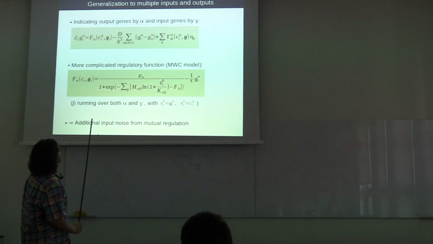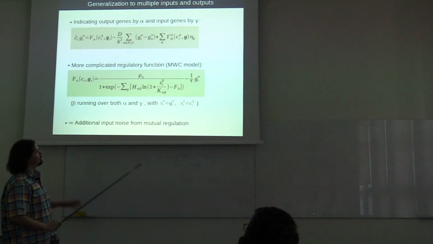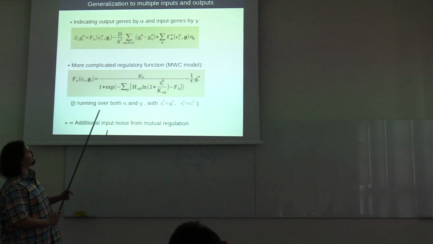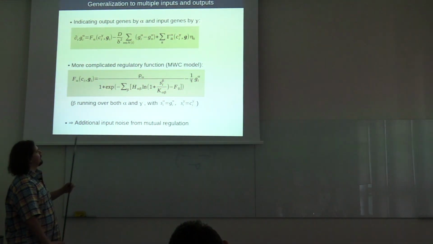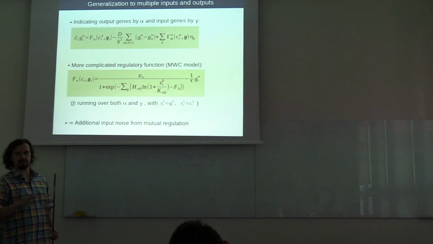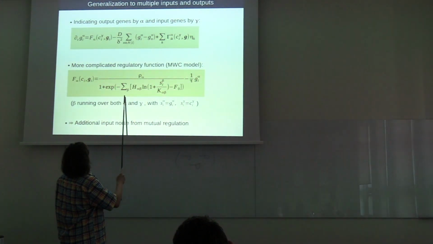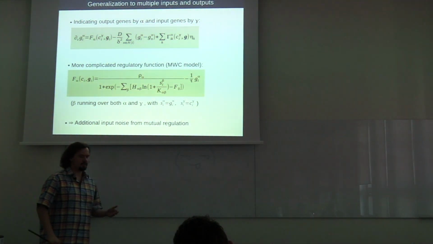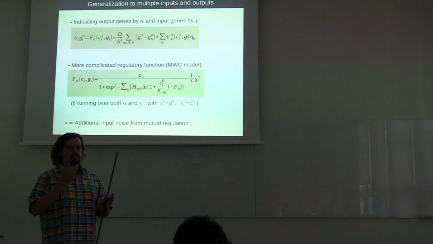And we assume a more realistic regulatory function, which is also essentially a sigmoidal function, but it has this energy term here, which is more thoroughly rooted in statistical physics. And we do that because if you would use these Hill functions, we would have to impose, is it some multiplicative regulation?